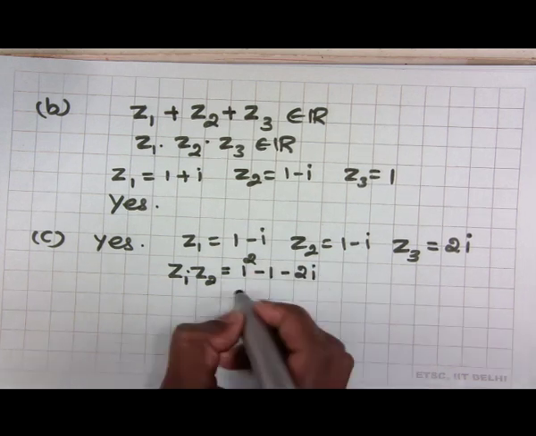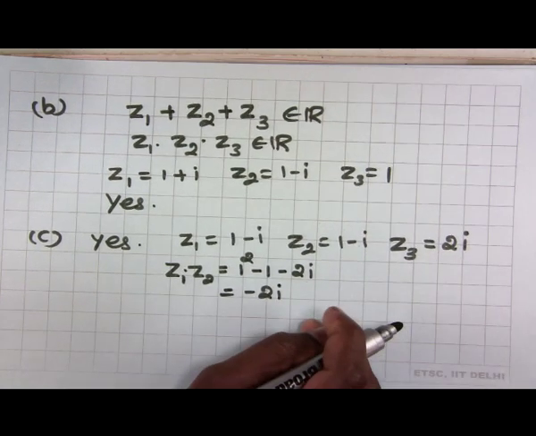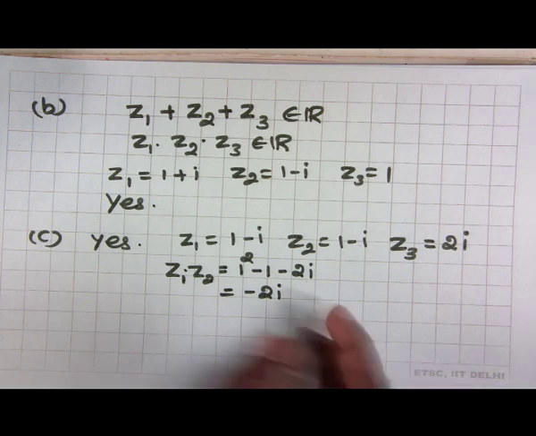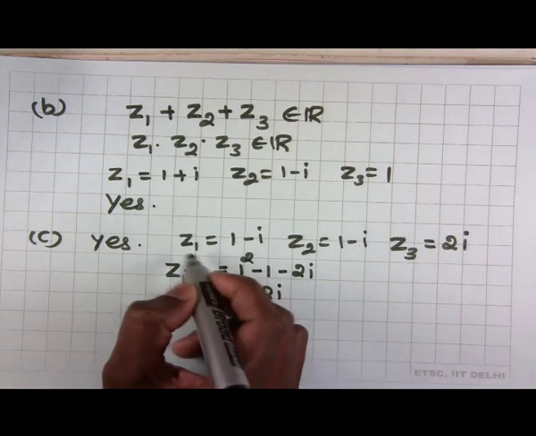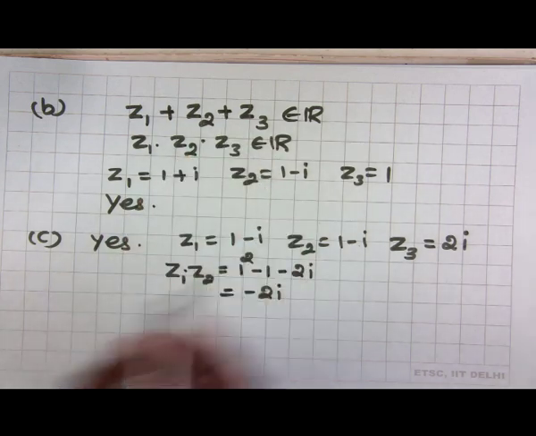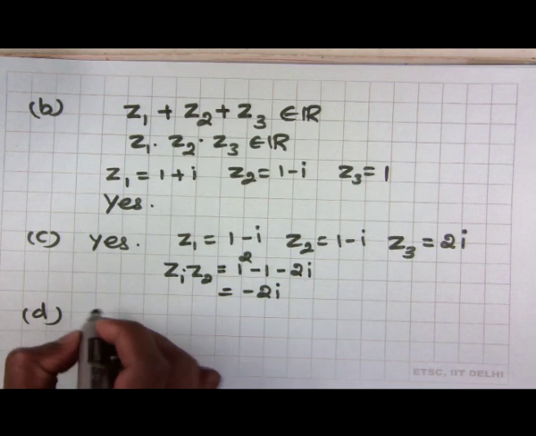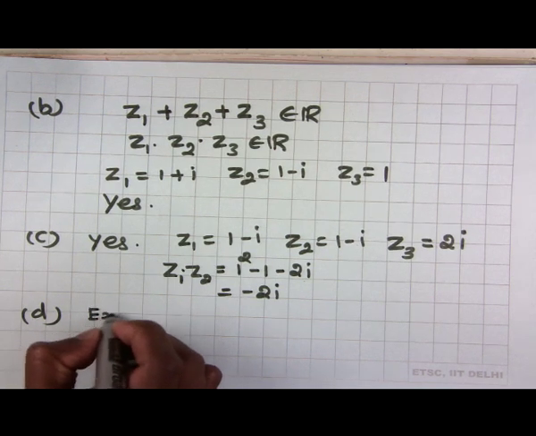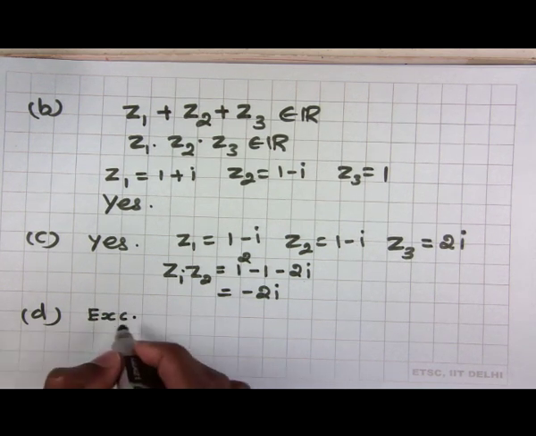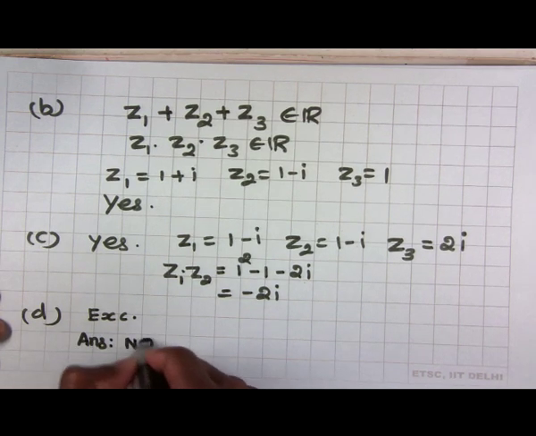So, what you get is minus 2i. Now, when you take the product, what you get is a real number. So, the exercise for you is to find the other set of triple where it satisfies this. Okay. D again I leave as an exercise, but I will write down the answer. Answer is again this choice is not possible, but you try to do it.